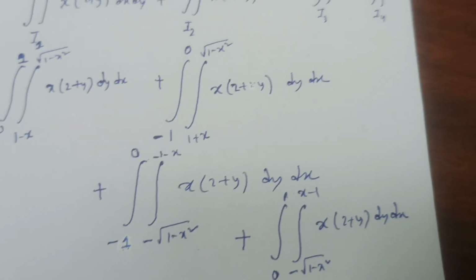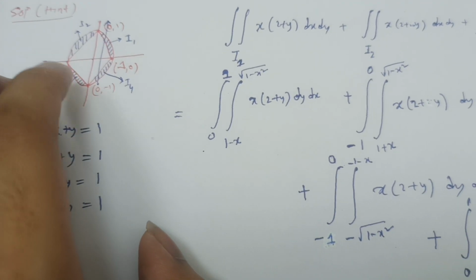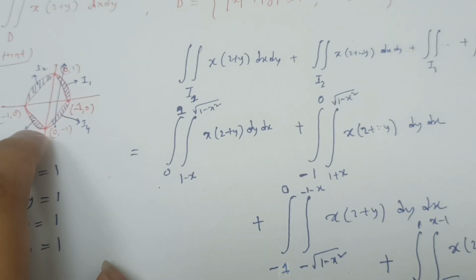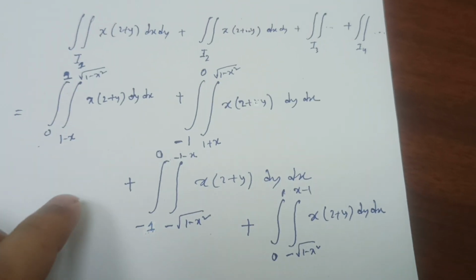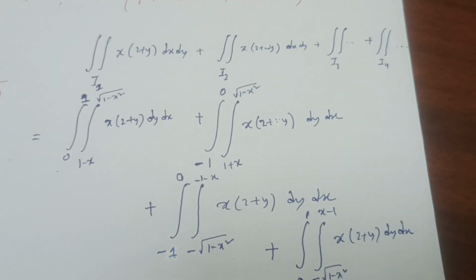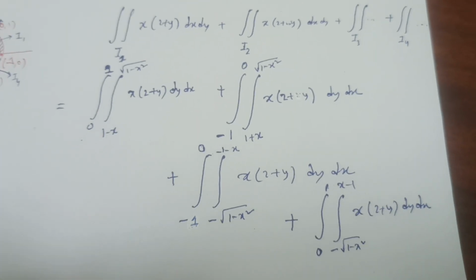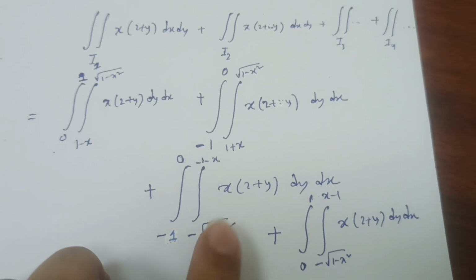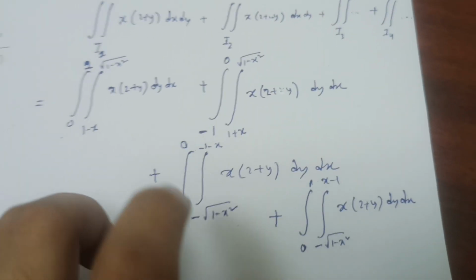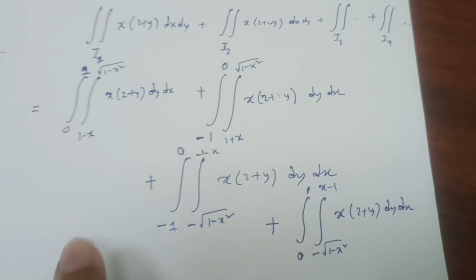I3 is this region, where my circle will come first and then the line will come. Since we are in the lower half region, there will be a minus sign: minus root over 1 minus x square to minus 1 minus x, and the x coordinate will vary from minus 1 to 0.